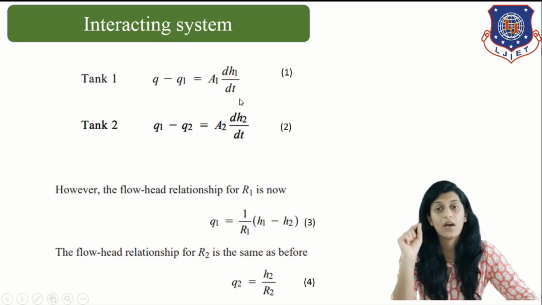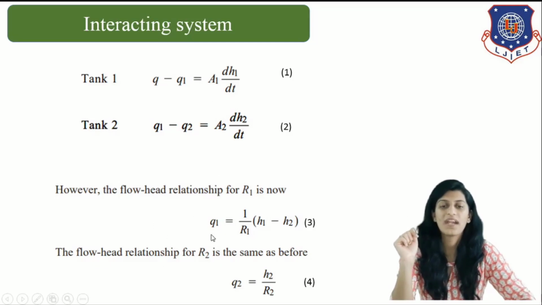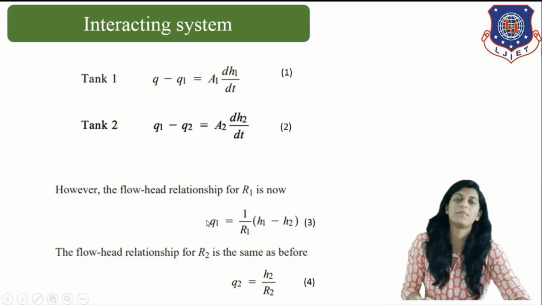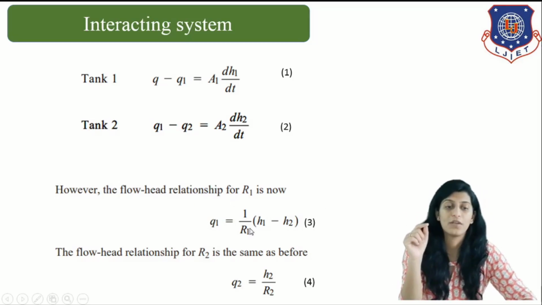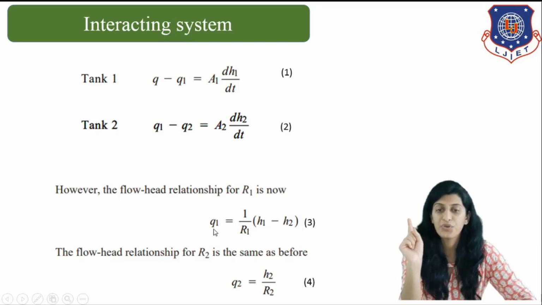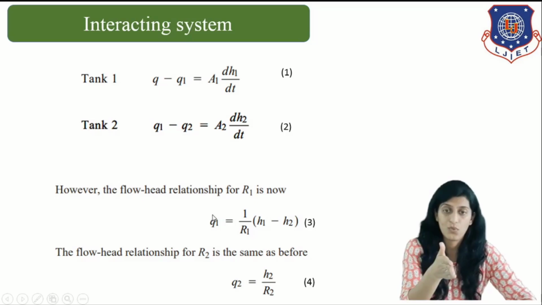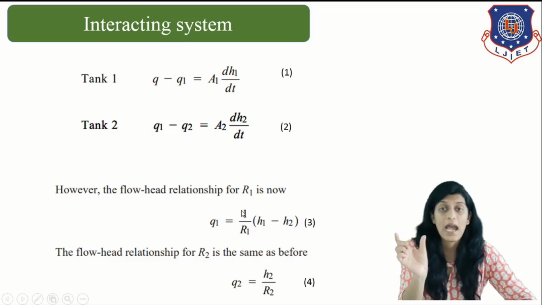Now, the important thing which is slightly changed in this derivation is the flow head relationship for tank number 1. For tank 2, it is the same as we have done in the liquid level system, but for tank number 1, it will be changed. So, the flow head relationship can be written as Q1, that is the volumetric flow rate coming from tank 1, equals to the difference in height.